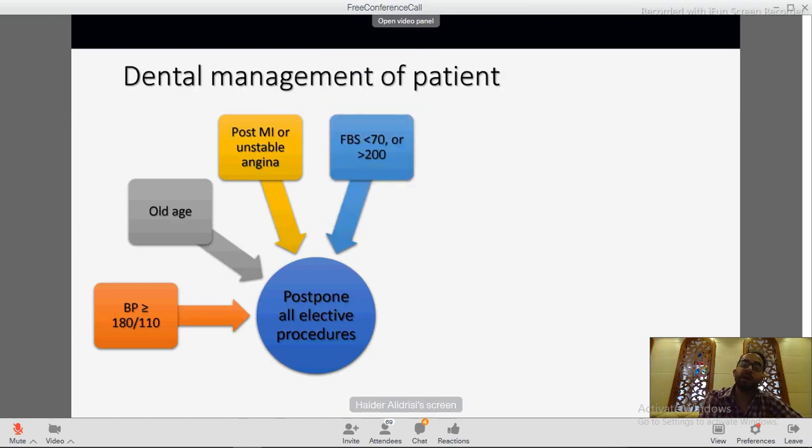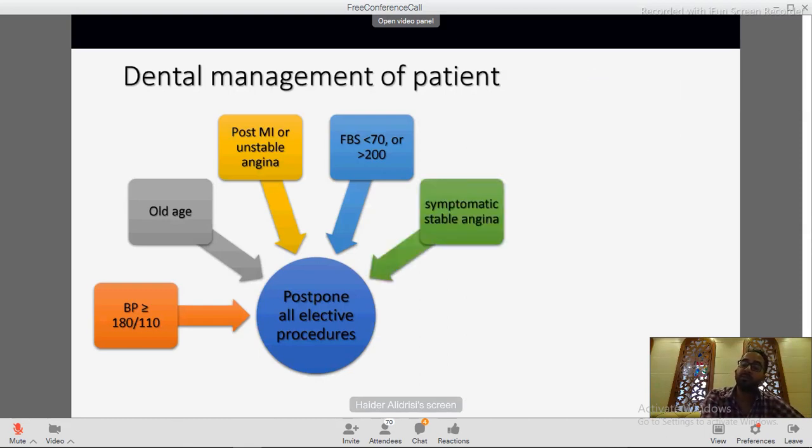In patients with diabetes, if the patient has a fasting blood glucose less than 70 or more than 200, while the patient is here in your dental clinic, you have to check his blood glucose also. If it is less than 70 or more than 200, you have to postpone the elective procedure because, simply, it is elective. Symptomatic stable angina.